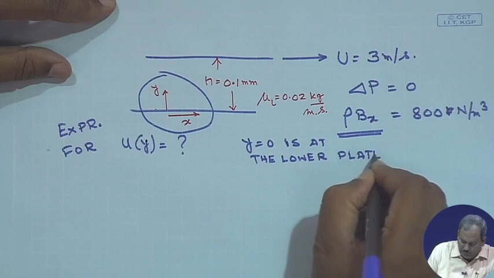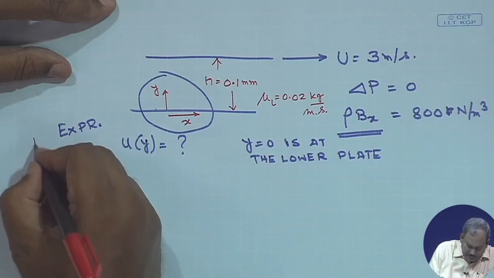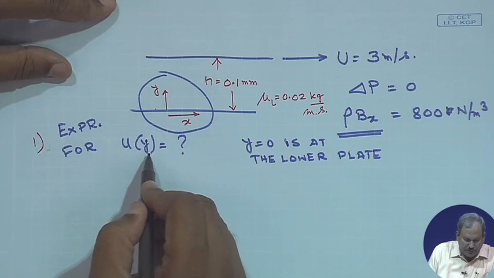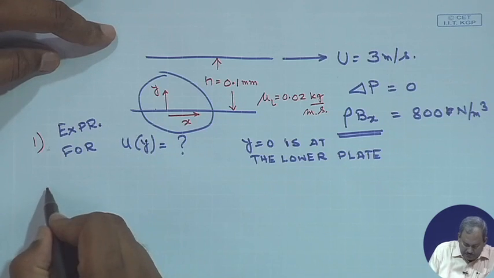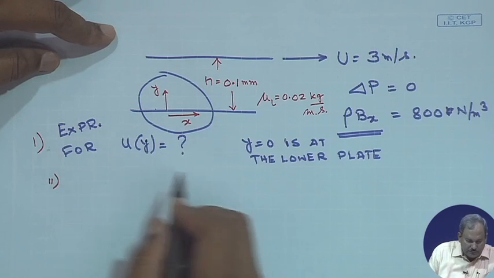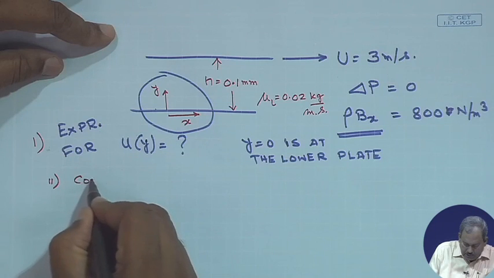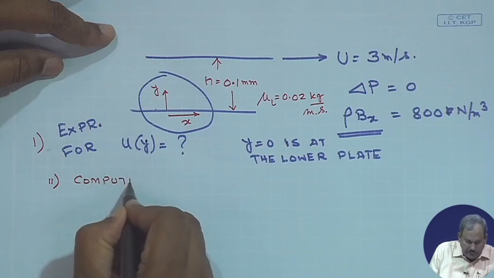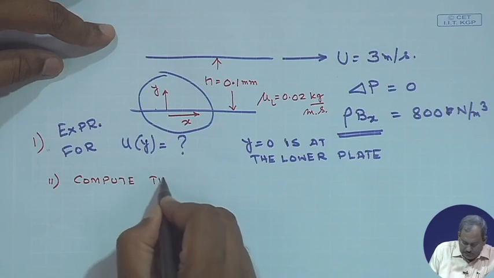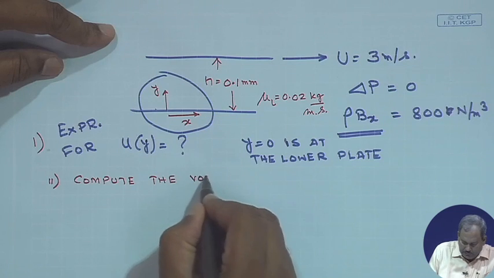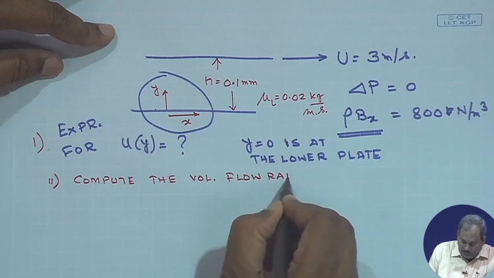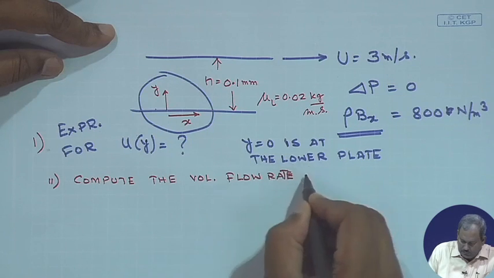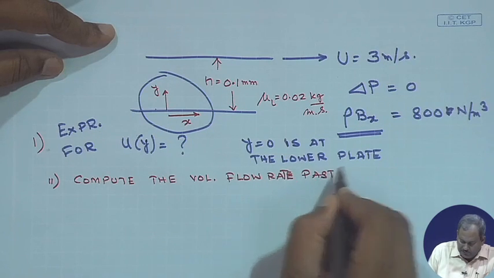So, part 1 of the problem is to find an expression for u(y), and the second part of the same problem is to compute the volumetric flow rate past a vertical section.